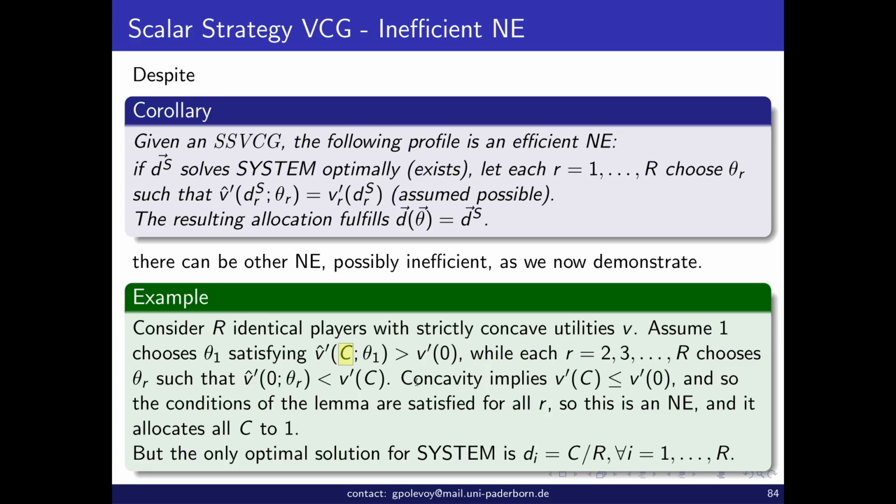That's a Nash equilibrium because it's a choice. When we choose theta 1 satisfying that, and choose theta R for every other player satisfying that, then the D which is chosen by this theta vector will give everything to player 1, so she will enjoy it, and it will optimize what we have.